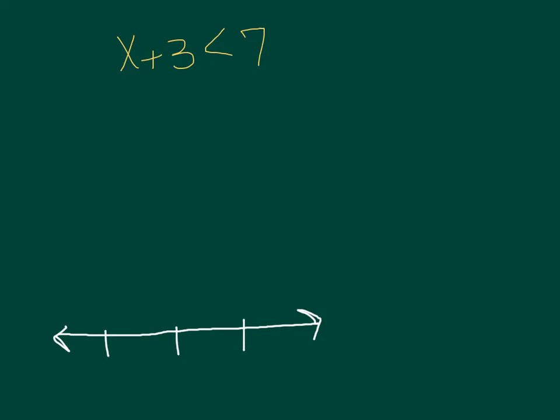Alright, first one. We're going to solve these the same way we solve equations. So we have our line that separates the left side and right side. I still want to solve for x, so I've got to get rid of a plus 3. I'm going to subtract 3. Bring down my inequality: x is less than 7 minus 3, which is 4. And let's do our number line.